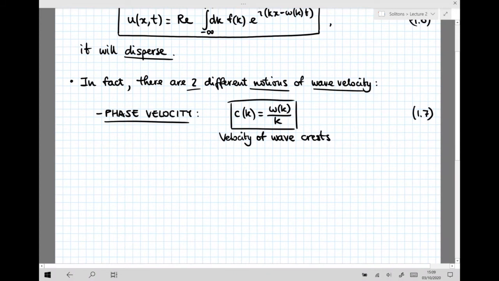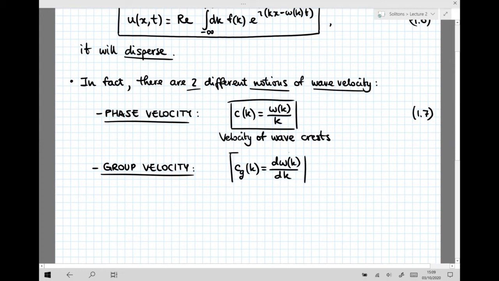But there is a second useful and different notion, which is called the group velocity. We'll call that c_G for group, again, a function of k. And this is defined as the first derivative of the angular frequency with respect to the wave number, where again, the angular frequency depends on the wave number through the dispersion relation. I will also use a prime to denote this first derivative.